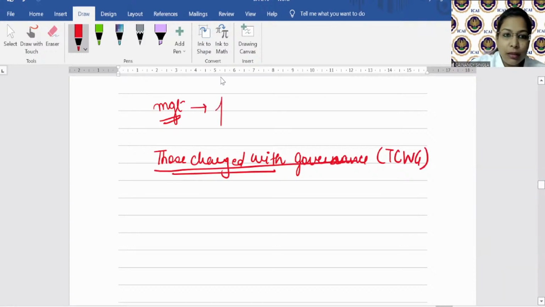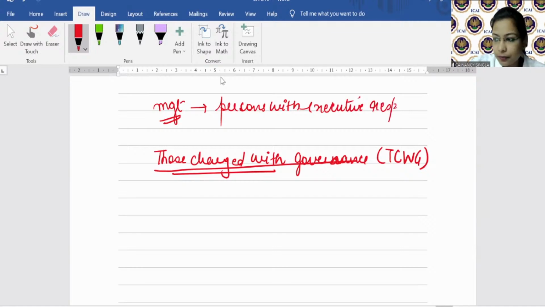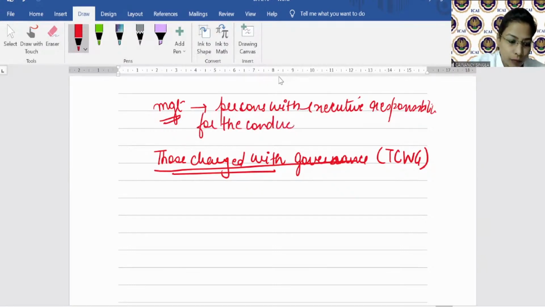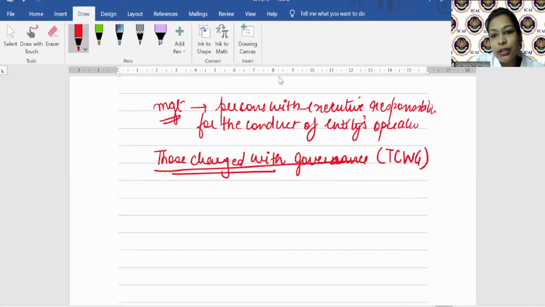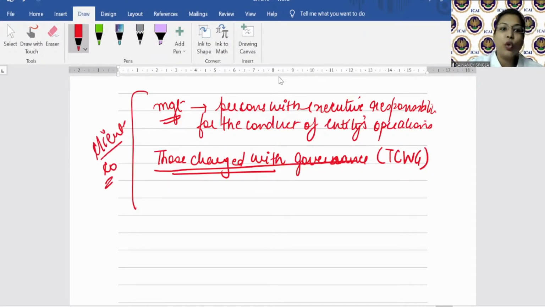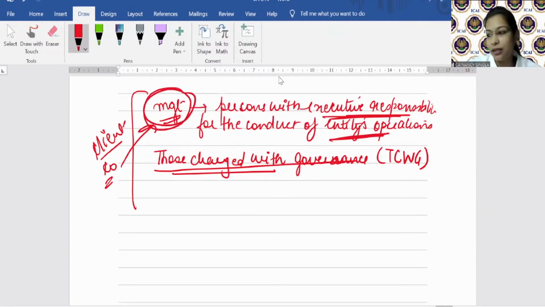So see, management are the persons with executive responsibilities for the conduct of the entity's operations. Now, whom are we talking about? The client. Let's say our client is a company here. In the company, the persons who are responsible for the day-to-day running, with executive responsibilities for the conduct of the entity's operations, are called management.